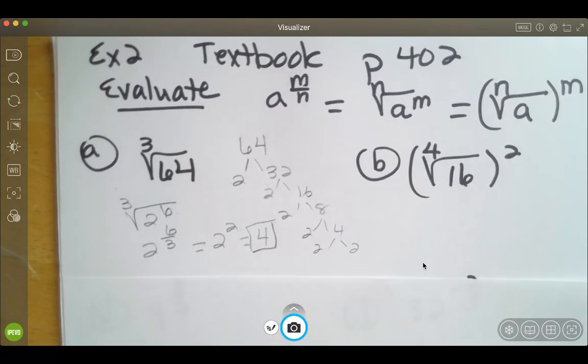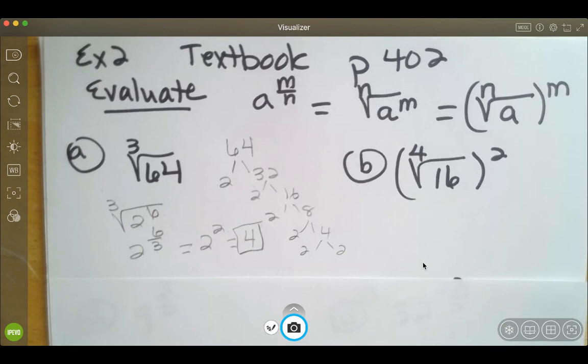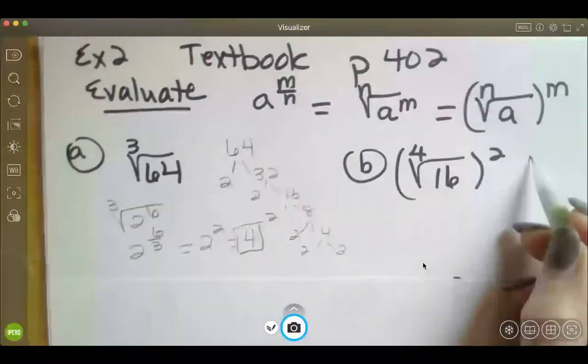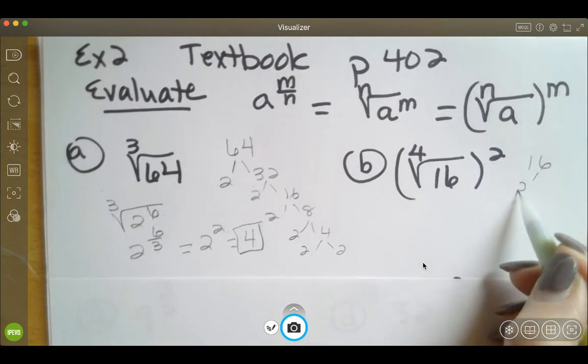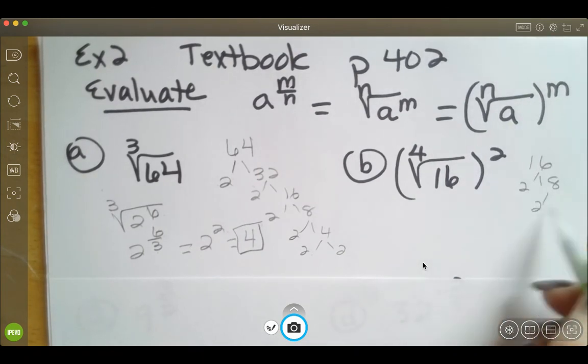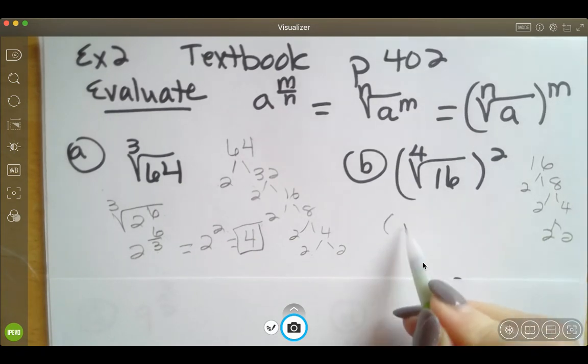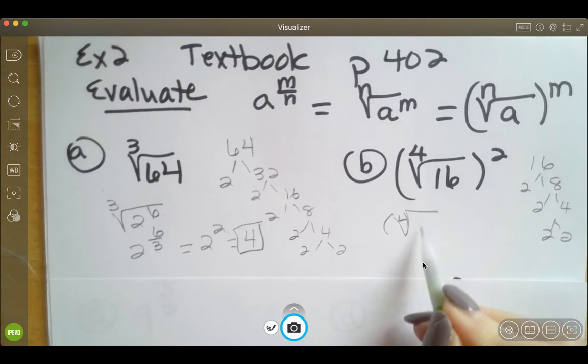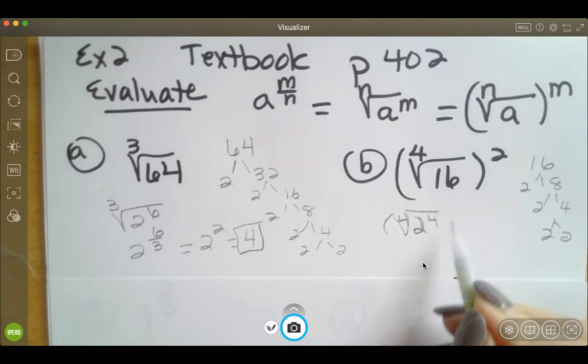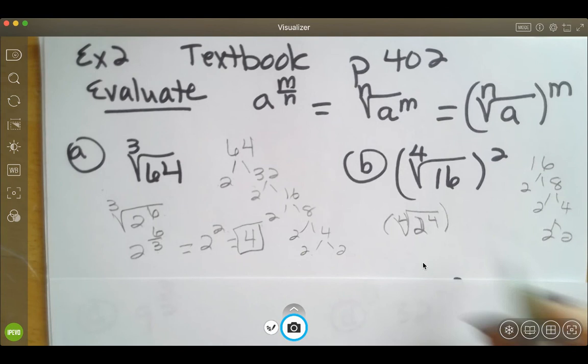Let's look at this one. 16, 2, 8, 2, 4, 2, 2. So I have the 4th root of 2 to the 4th, the whole thing squared.